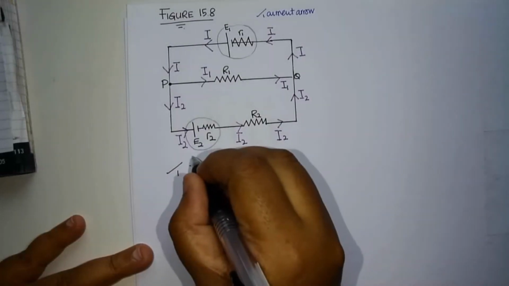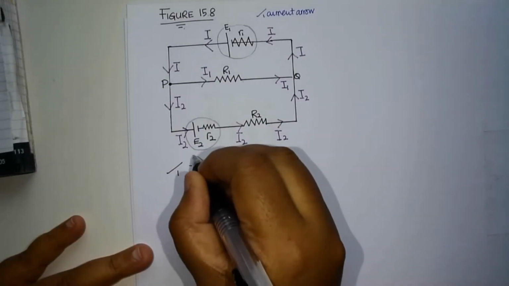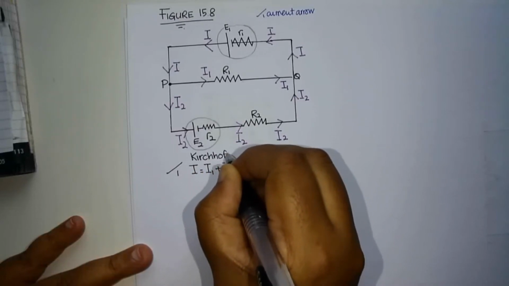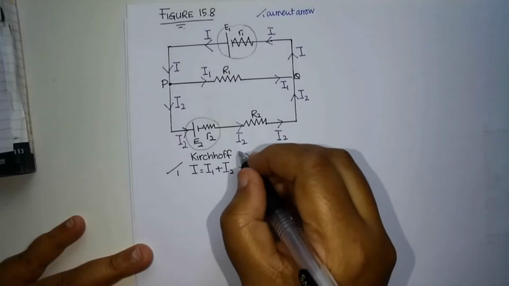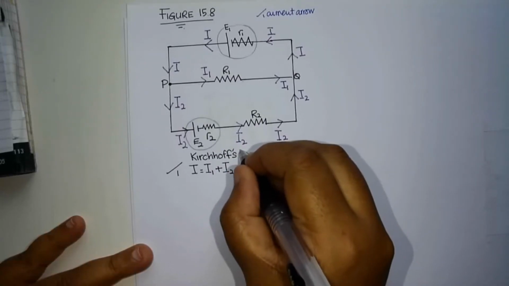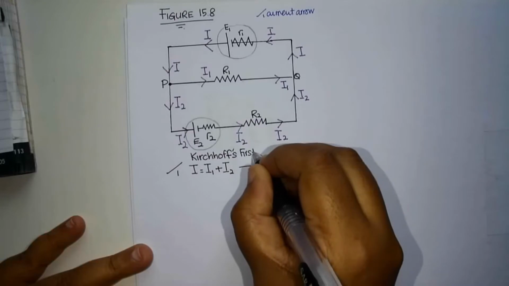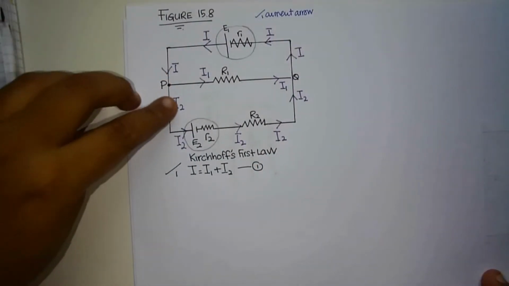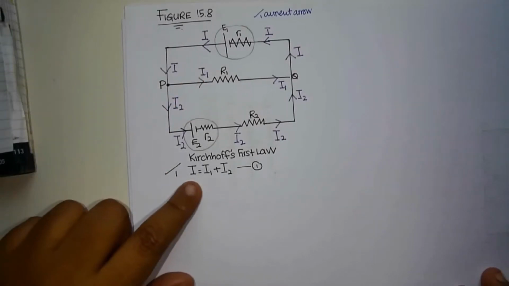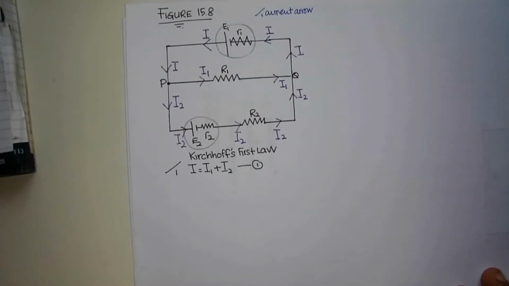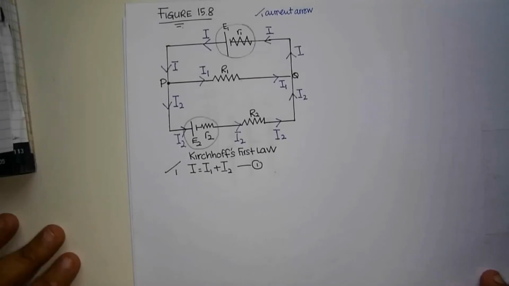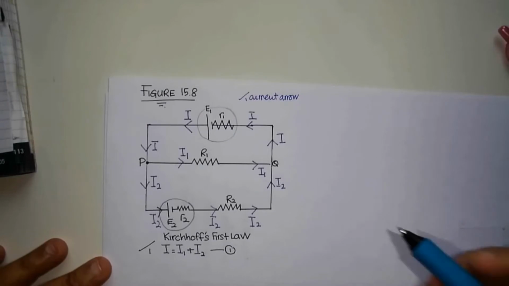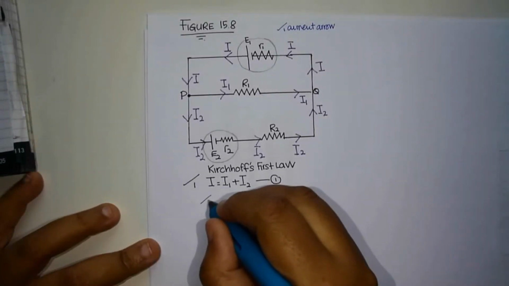This comes from Kirchhoff's current law, or first law, where the sum of current entering equals the sum of current leaving. So the current entering is I, which equals the sum of the currents leaving. Then the next step, after drawing the current arrow, is to draw the voltage arrow.